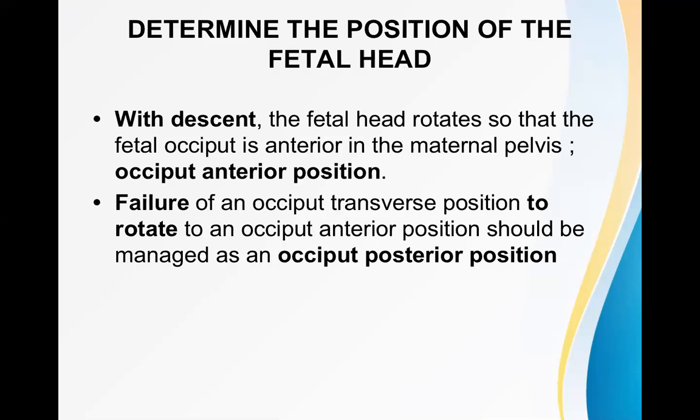When it is engaging, it is in the occiput transverse position, but now the occiput will come into the anterior position. Very easy to understand. And failure of this rotation to an occiput anterior position should be managed as occiput posterior position. This is an abnormal position of the fetal head, and it may give rise to some complications. So it should rotate and become occiput anterior.